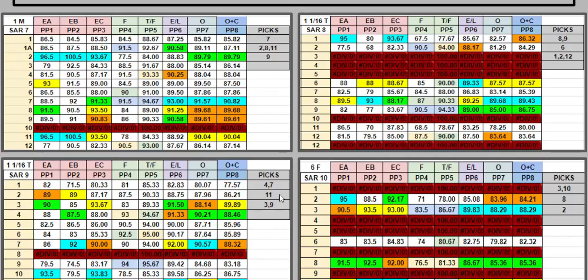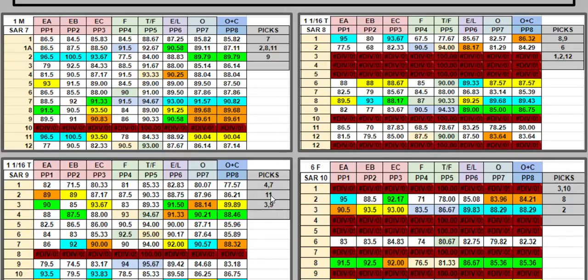The 11 horse is my second tier. Okay, let me get to the 7 first. The 7 horse, what I did was, I did the opposite. I said, okay, let's find a horse that's not showing up middle late, but showing good enough early, and is also showing up here in the summative categories. And it could have been a toss-up between the 7 or the 11, but I do have the 11 as a second tier play.